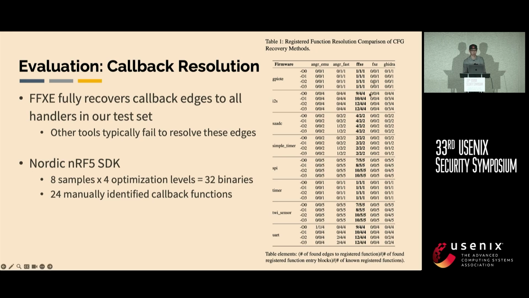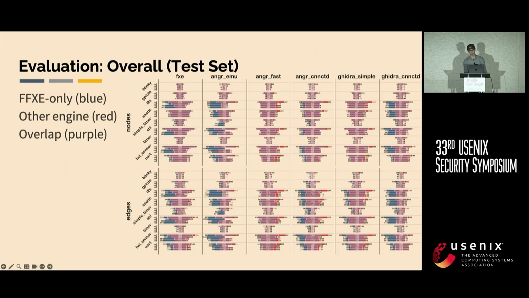You'll note that there are a few edges in other tools that are found, but upon deeper analysis, these turn out to be erroneous fall-through edges. And so it turns out that it's pretty much only our algorithm that successfully finds these edges.